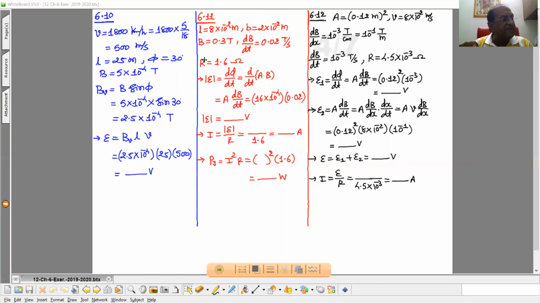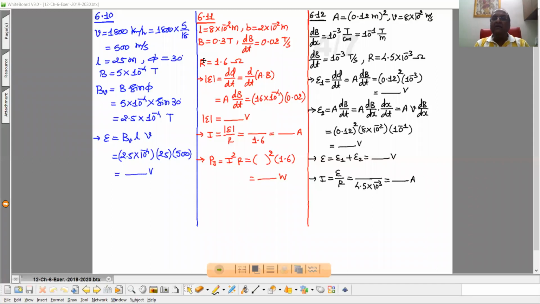And it is decreasing in time at the rate of 10 raised to minus 3 Tesla per second. Okay. So rate of change of field with respect to time is 10 raised to minus 3 Tesla per second. Determine the direction and magnitude of the induced current in the loop, if its resistance is 4.5 milliohm.